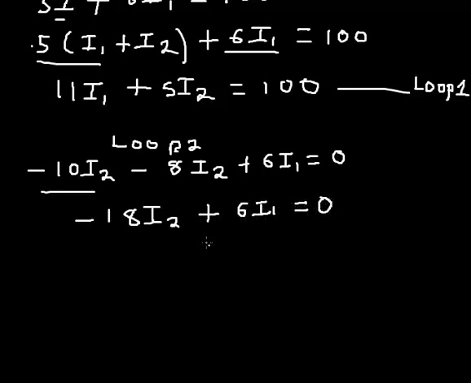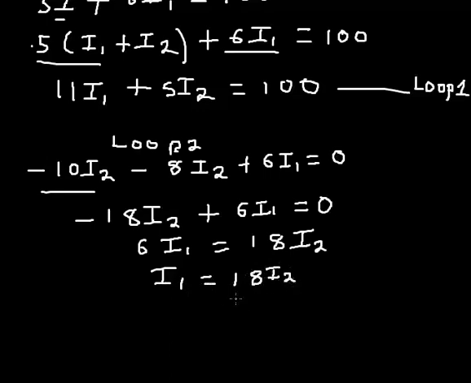If I rearrange this equation, I can simply have 6I1 is equal to 18I2. So I can make I1 the subject of the formula: I1 is equal to 18 I2 divided by 6. 18 divided by 6, so that simply means that I1 is equal to 3I2.